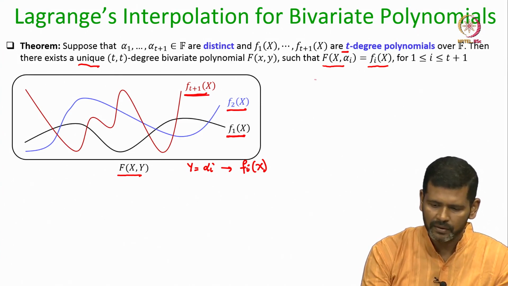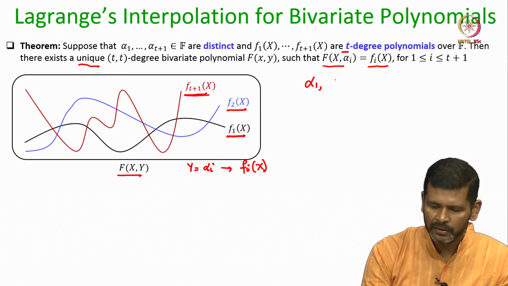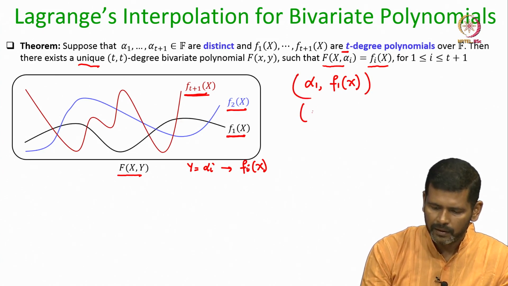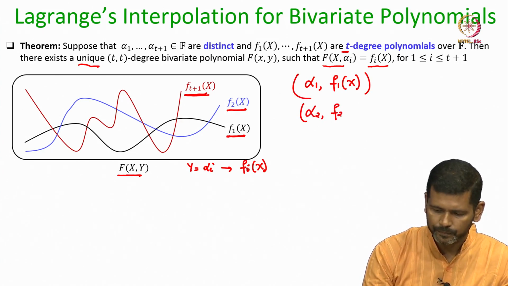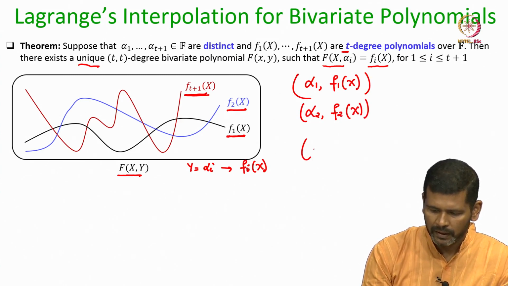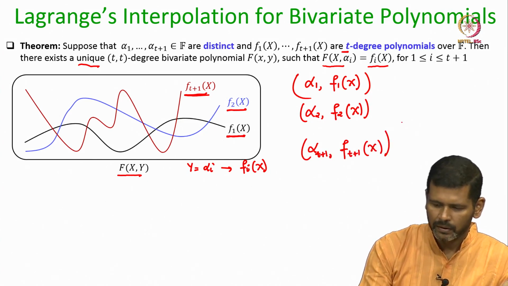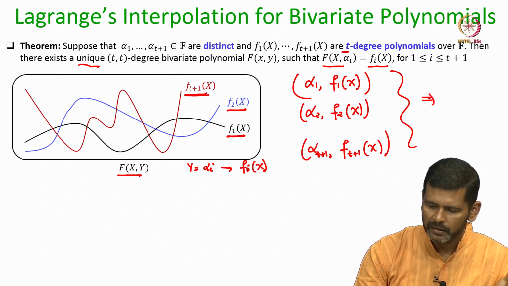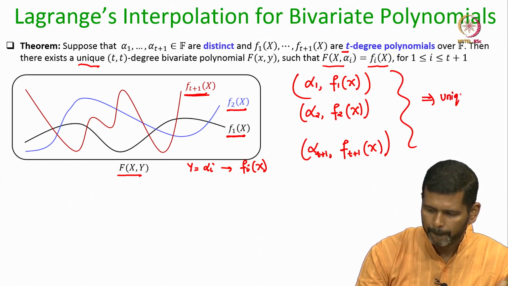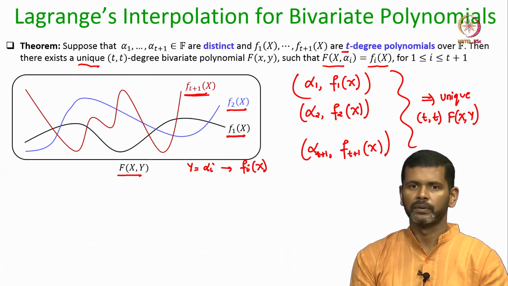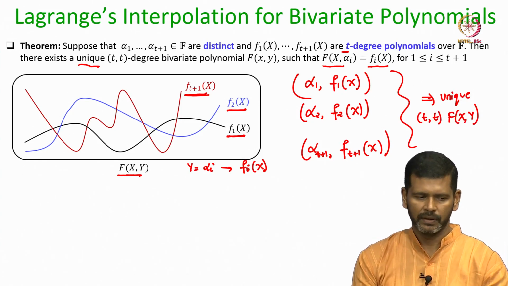So, my statement is that through alpha 1 f 1 of x, alpha 2 f 2 of x, and like that alpha sub t plus 1 and the t plus 1th polynomial in x, using them I can find a unique bivariate polynomial f of x y of degree t in both x and y. That is the statement here.